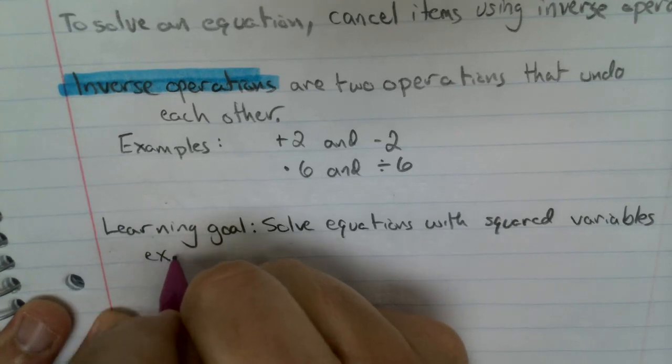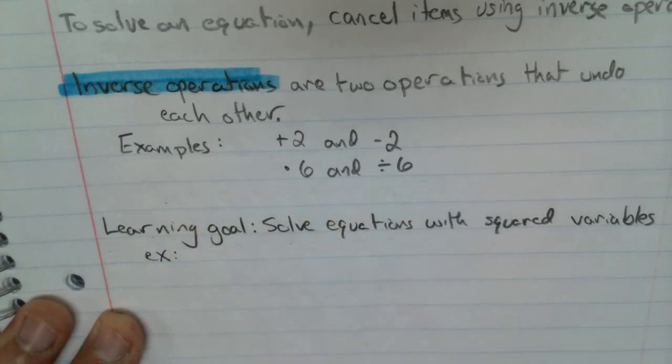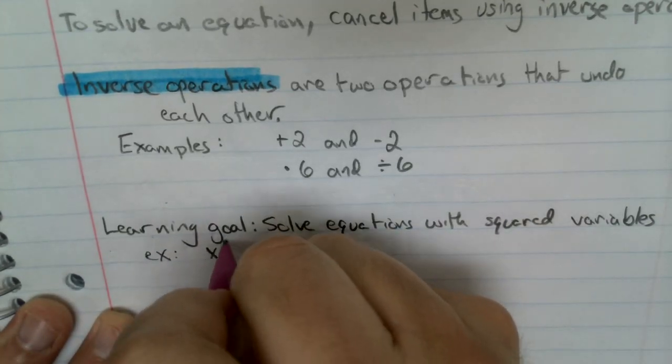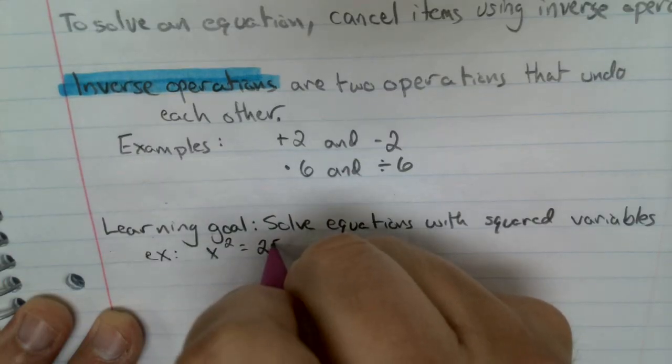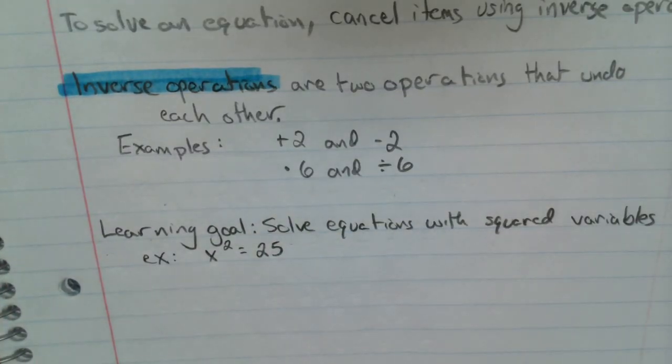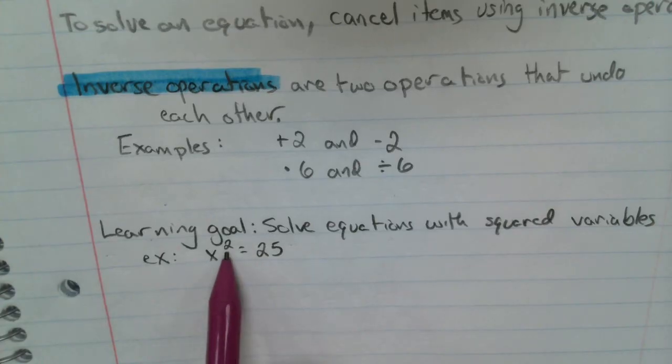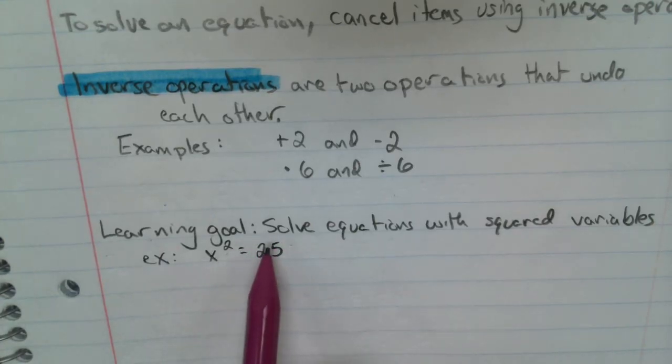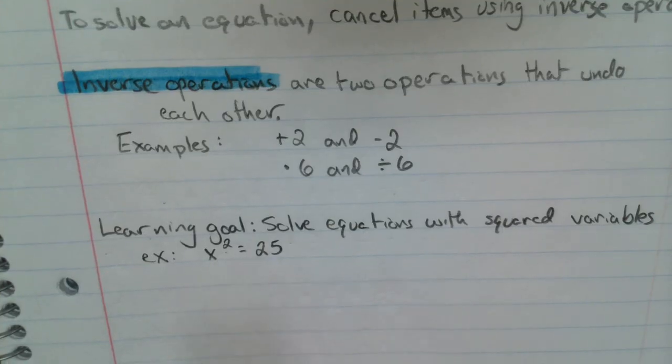For example, x squared equals 25. So it's important that you remember that if we square something, it means multiplying it by itself. So in this equation, I'd be looking for, well, what number times itself equals 25?